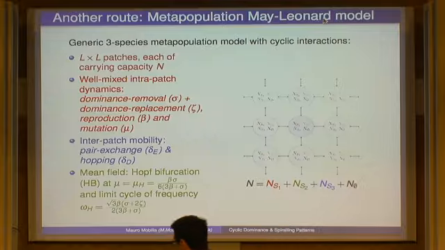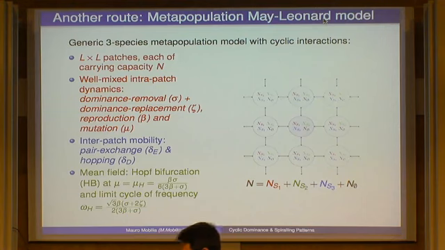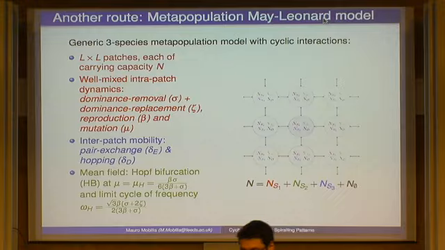And this is nice because this will allow us to properly derive this CGLE that I was referring to before, right? So this is also why this mutation rate is useful. If this was strictly zero, I wouldn't have a Hopf bifurcation.